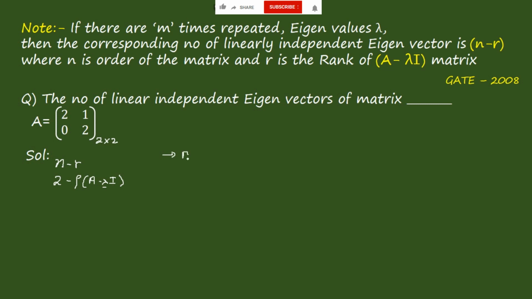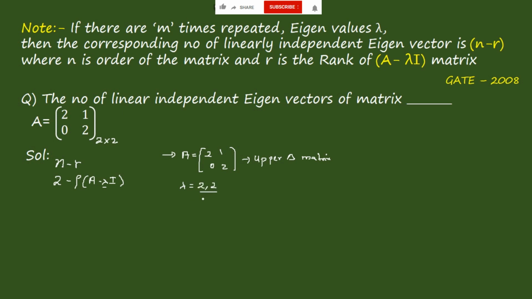Here the matrix A is given as 2, 1, 0, 2. Now you have to find the value of lambda. You can see that it is an upper triangular matrix, so lambda is nothing but the diagonal elements 2, 2.